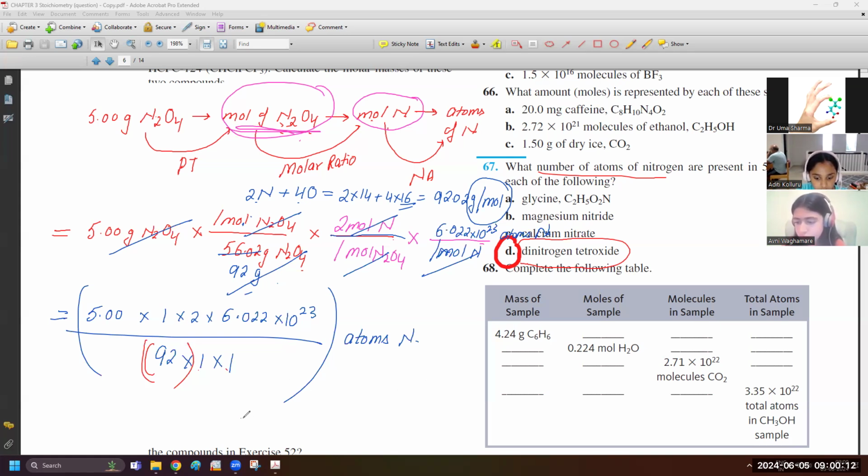Okay, Avni is giving me this number. Put it in scientific notation, Avni. 6.69 times 10 raised to minus 22. Oh, sorry, not minus, plus 22.